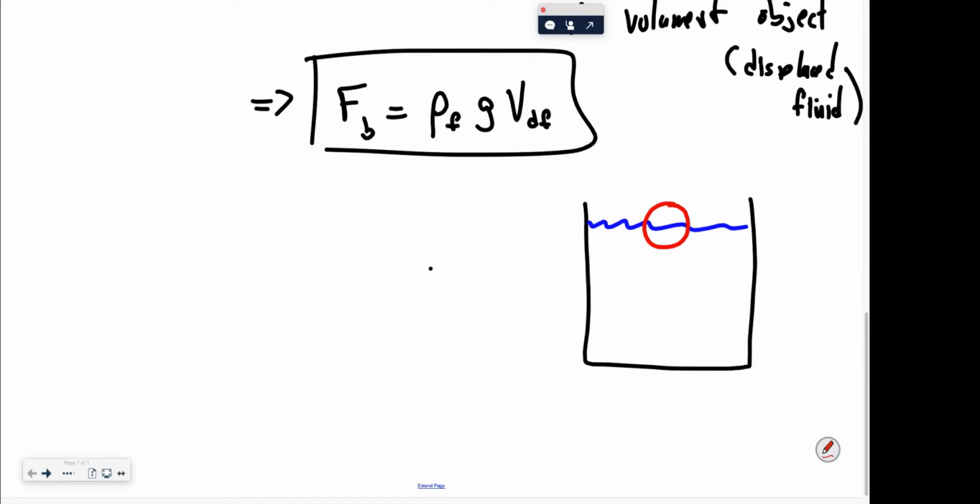Again, this is a static case. We have lots of net forces acting on it, but they add up to zero because the Nerf ball is just sitting there in our water. So what can we say about the Nerf ball and or the water if this is the case? So in this case, ball half submerged in water.